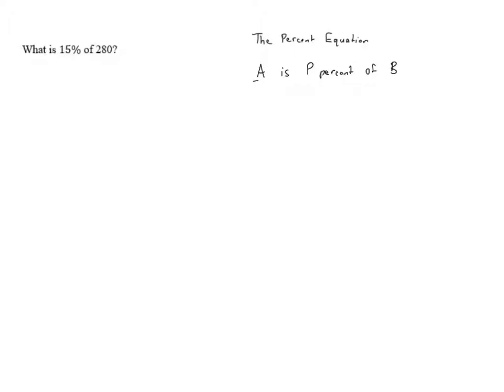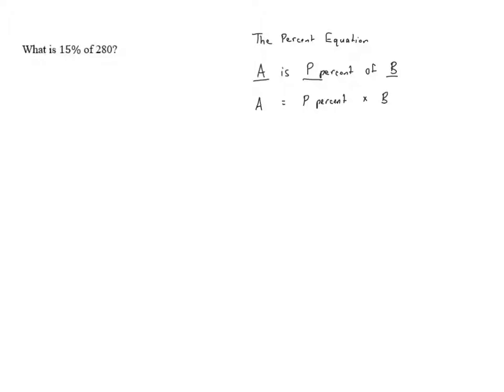So if we can write this in the form something is some percent of another number, we can actually convert this into an equation, because the word is usually means equals, and the word of usually means multiplication. So if we have A is P percent of B, that really means A equals P percent, which we'll need to convert to a decimal, times B.